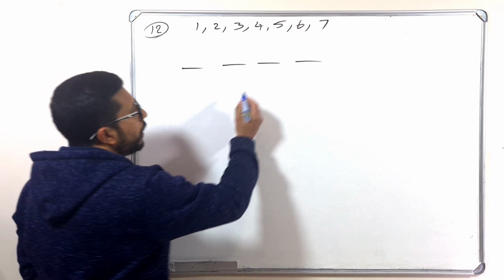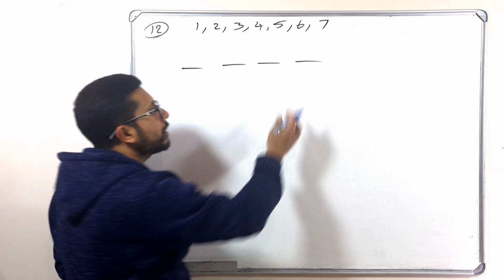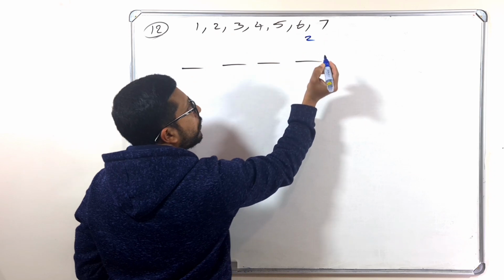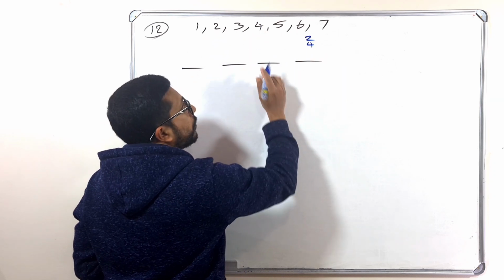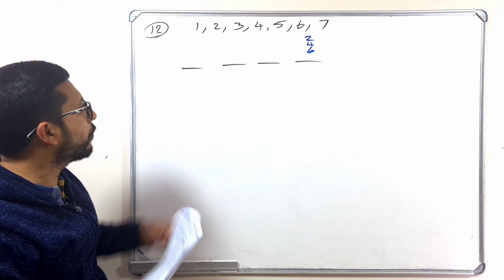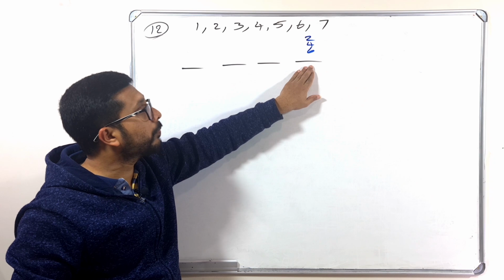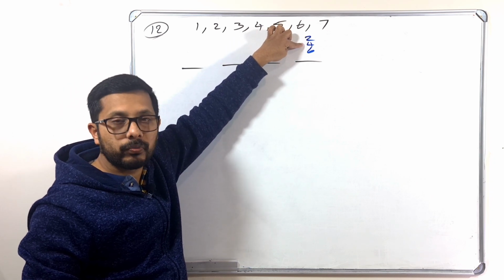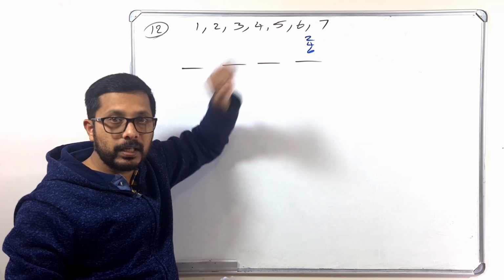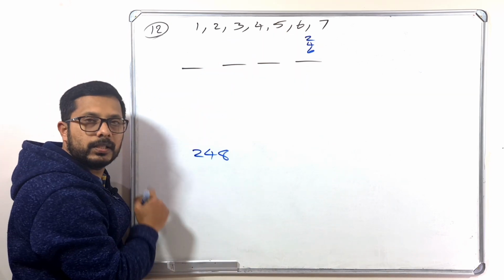If this 4-digit code is an even number, the last number must be 2 or 4 or 6. Do you understand? What is an even number? 2, 4, 8 is an even number.